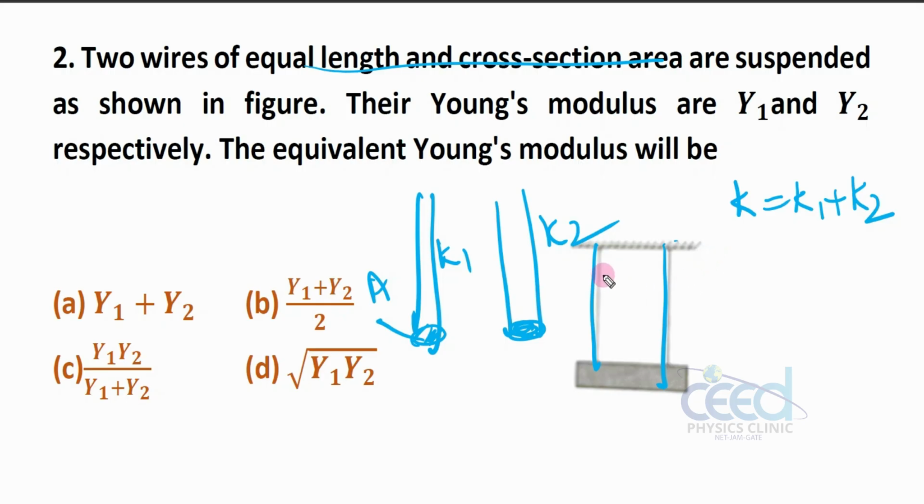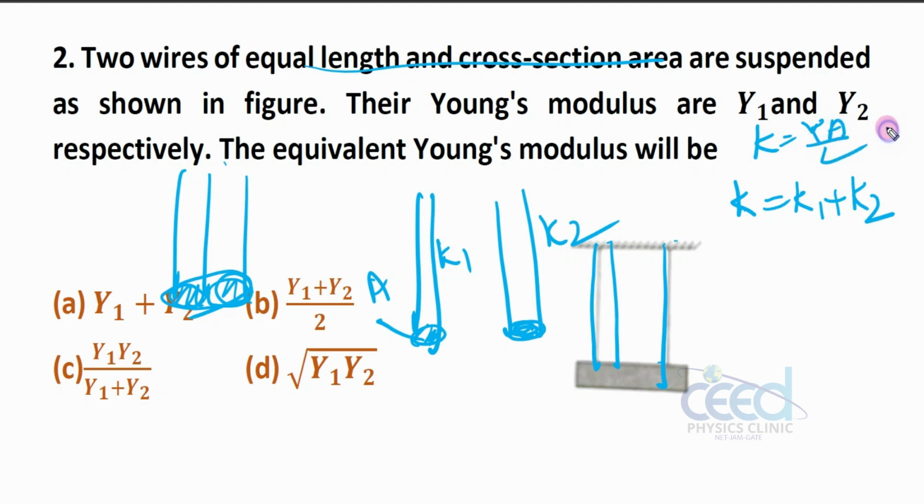But by joining these two wires, you get a thick wire of double the area, right? So two wires joined in parallel means net area is 2A. Then YA by L is K. So Y, 2A by length, which is not changing by parallel connection, so L only.